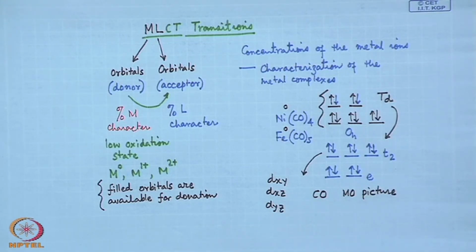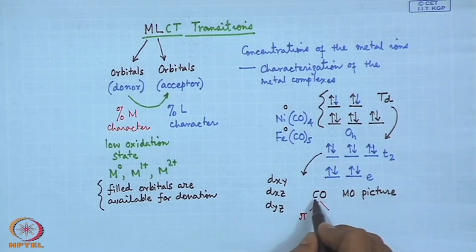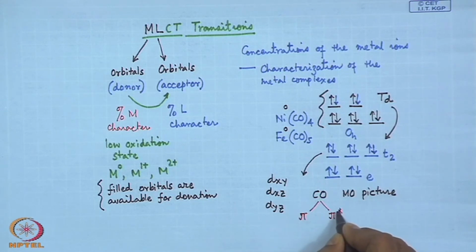of the carbon monoxide, it tells us that it has the pi electron density originating from the pi bond between the carbon and oxygen, as well as the anti-bonding orbital, which is pi star.